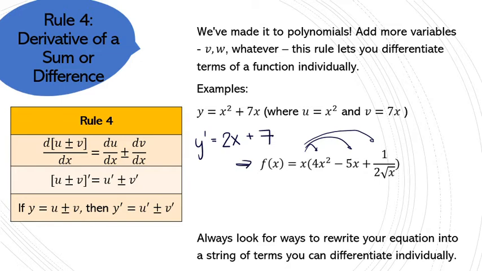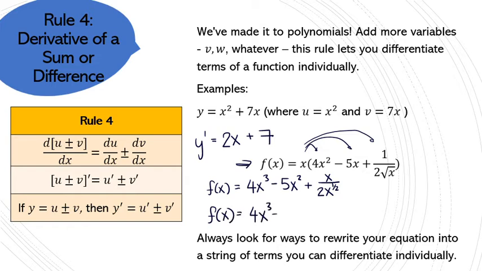So we're going to have f of x is equal to 4x cubed minus 5x squared plus x, and I'm rewriting as I go, over 2 times x to the power of 1/2. That's root x. And within that last term, the first two would be easy. I'm just rewriting the polynomial. I'm not differentiating.